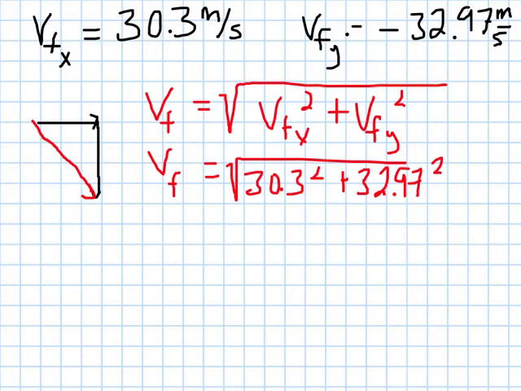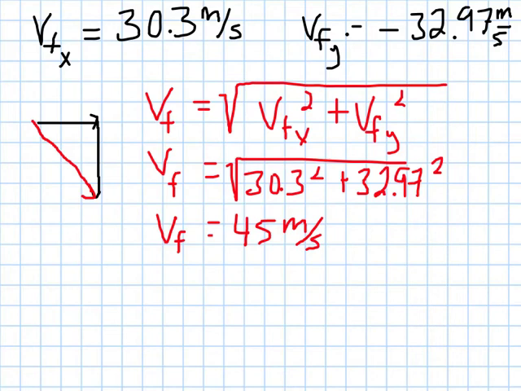These should have units, but again, I have trouble writing on the screen, so I'm going to leave them off so that there's just less confusion. Alright, I'm going to put this in my calculator. So out of my calculator, if I round this off to 2 sig figs, I'm going to get 45 meters per second.